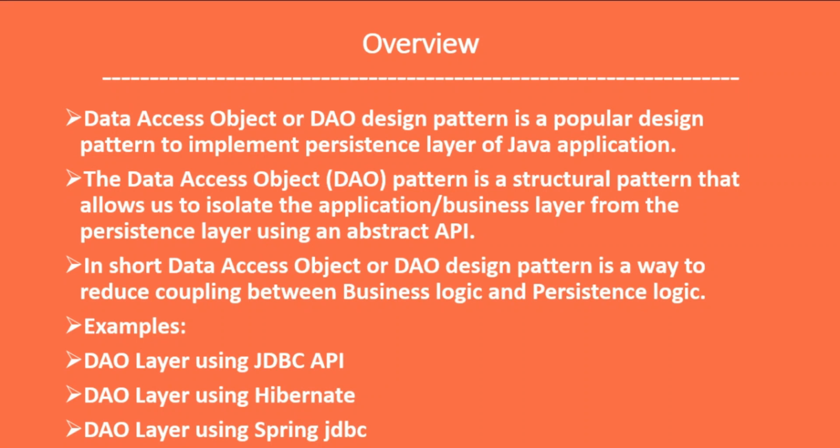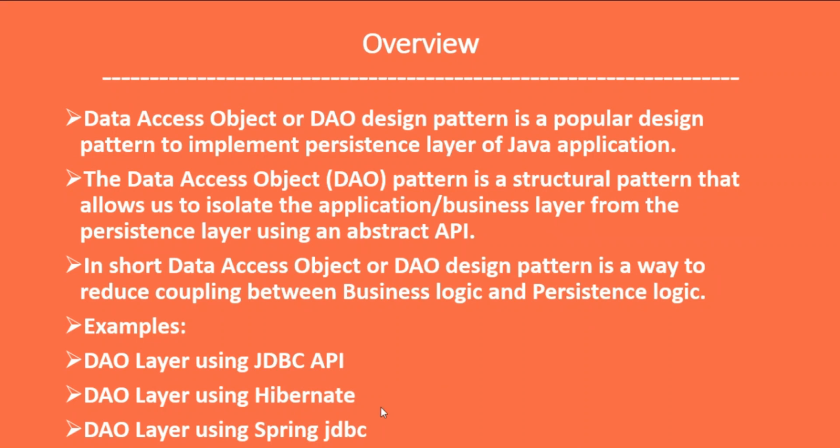You no need to change the database logic in the business layer, because we have already separated out all the persistent or database related logic into the persistent layer. So this is a very good design pattern to decouple the business logic from the persistent logic.